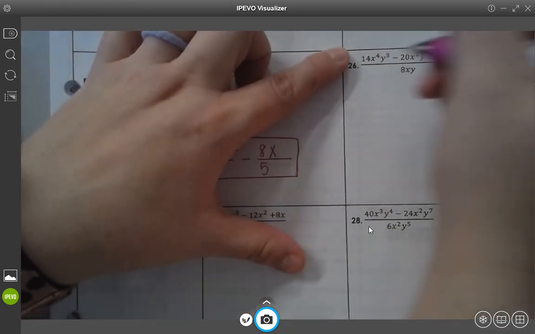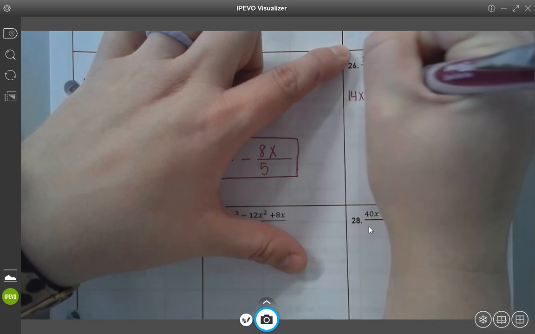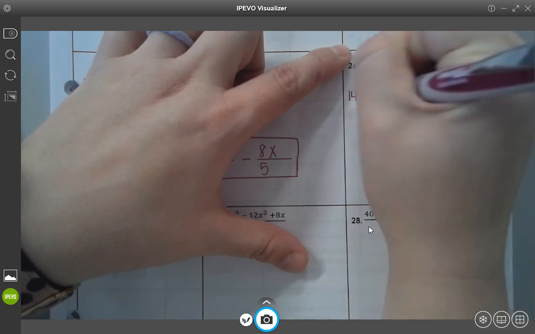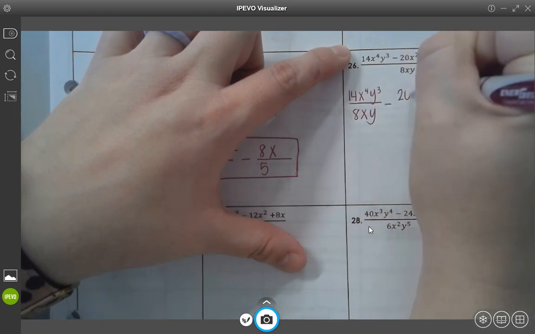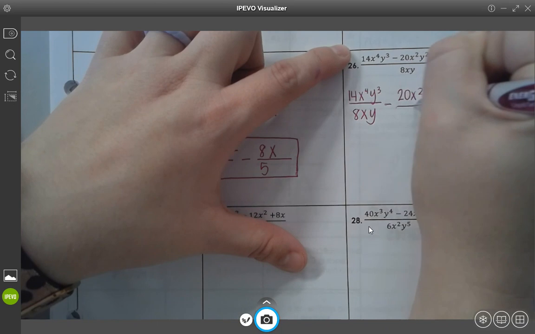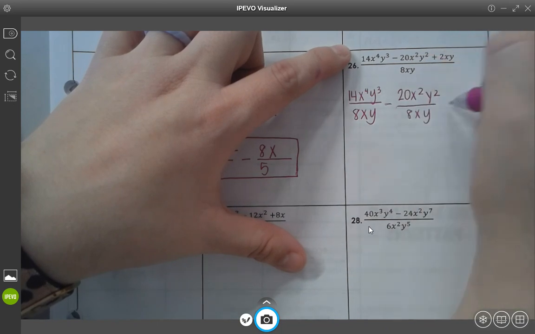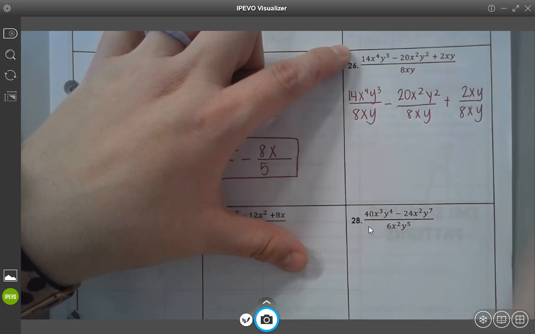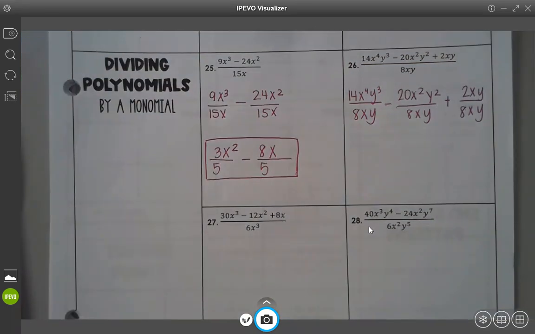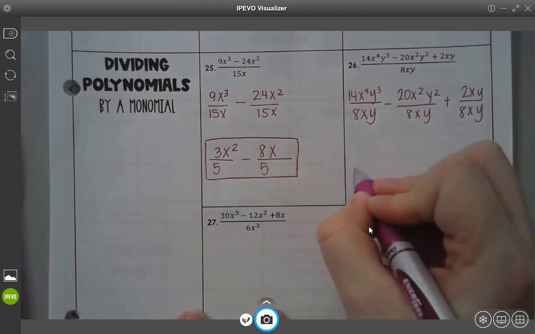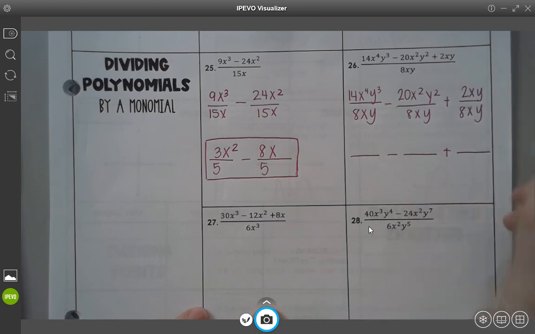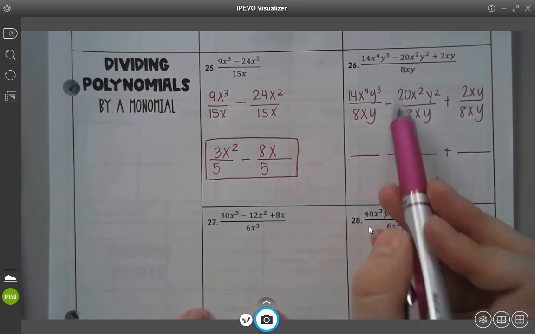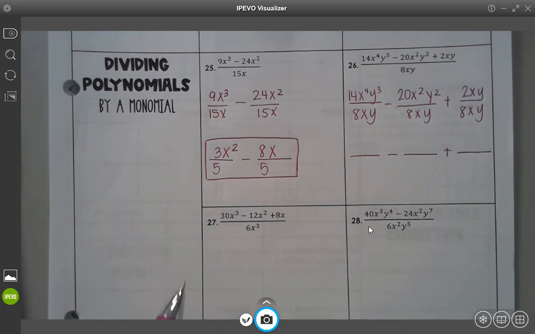Number 26. Let's go ahead and rewrite this. And then I'm going to go ahead and set up my answer. So I've got my 3 fraction bars, and this one was a minus, that one was a plus.